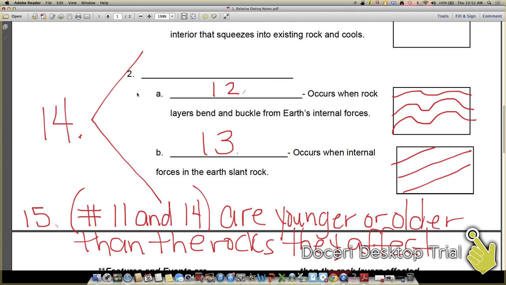Are numbers 11 and 14 younger or older than the rock layers they affect? You only need to write one word, younger or older.